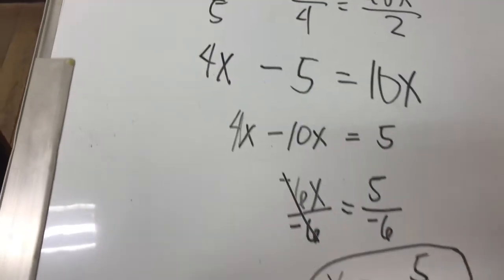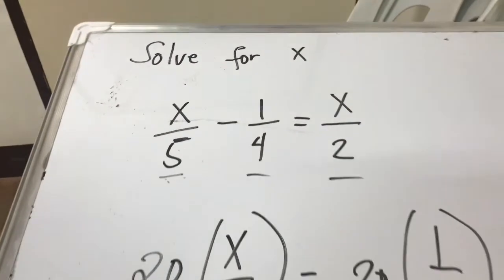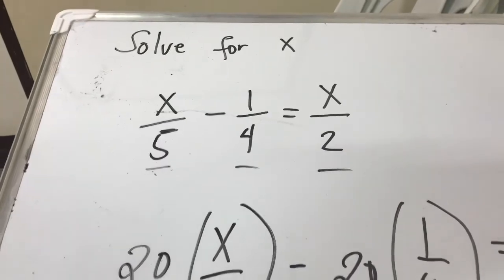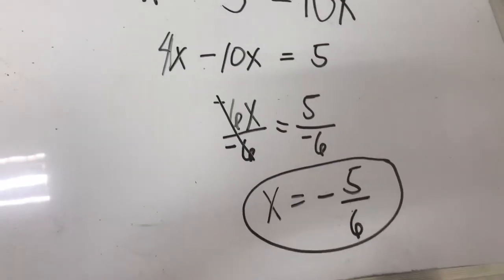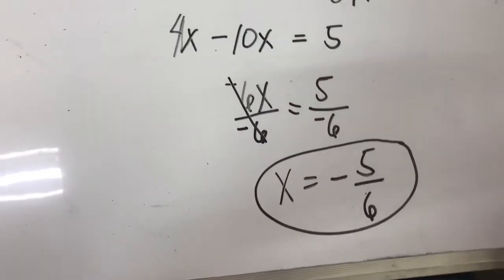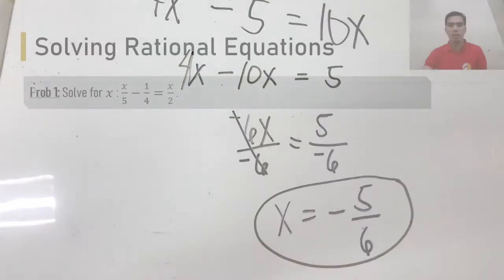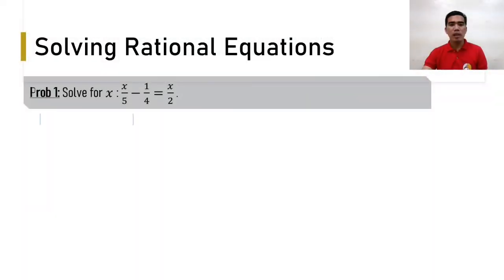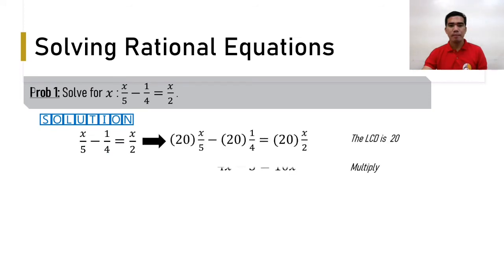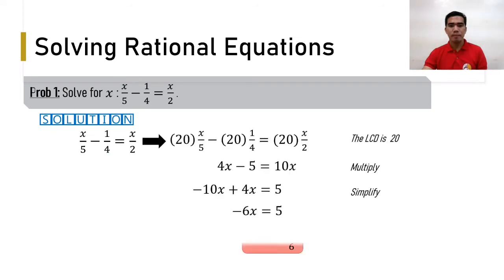Ayan. So, the value of our variable x in this example is negative 5 over 6. Okay? So that's why we come up with this solution. Alright. So that's why the answer is x is equal to negative 5 over 6.